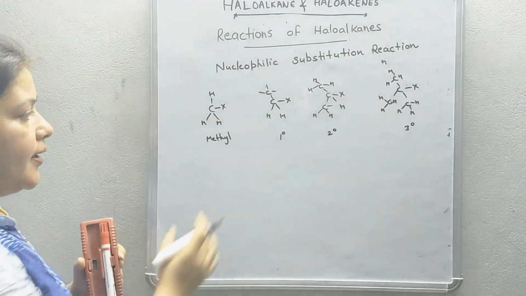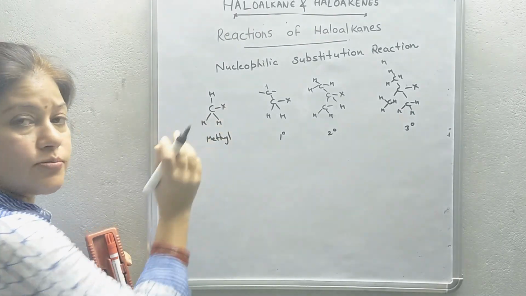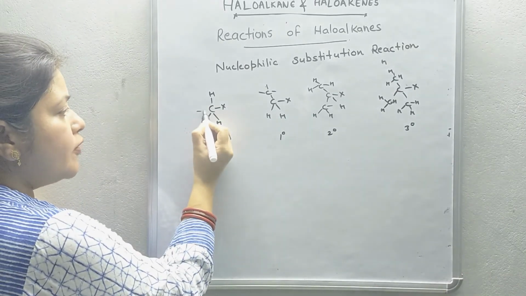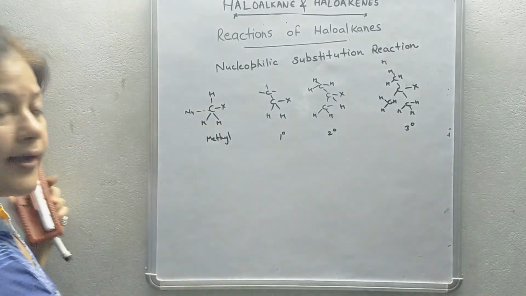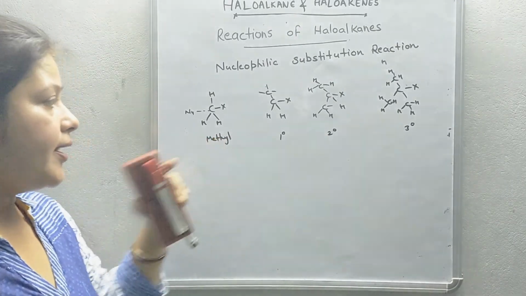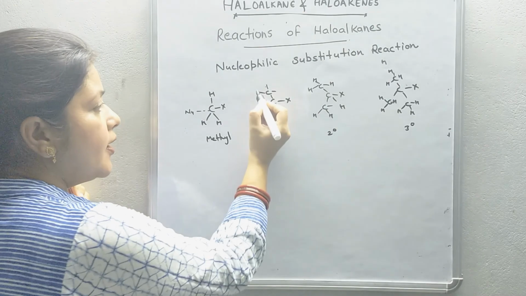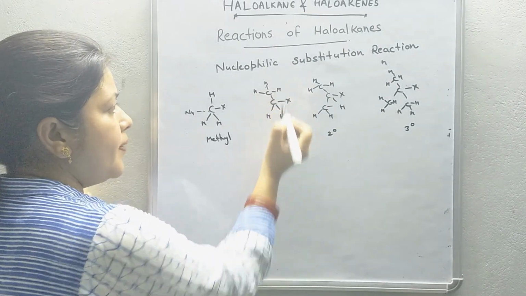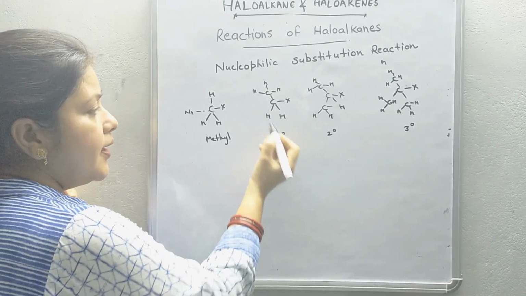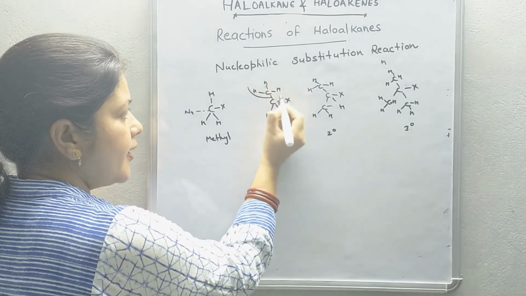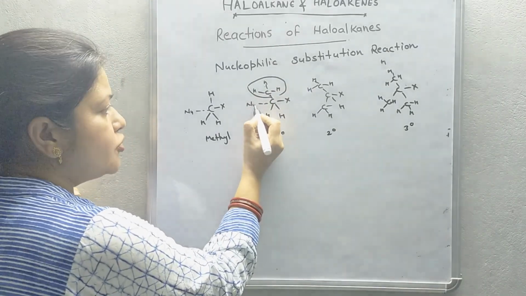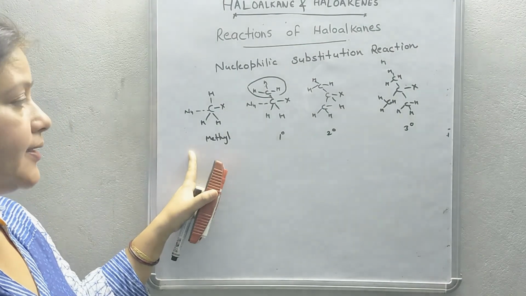Now what happened? There is a very small group, hydrogen, attached in methyl. So the approach of nucleophile is easier and it enhances the reactivity. Whereas in the case of propyl halide and ethyl halide, the alkyl group hinders the approach of nucleophile, so it is more difficult than this.